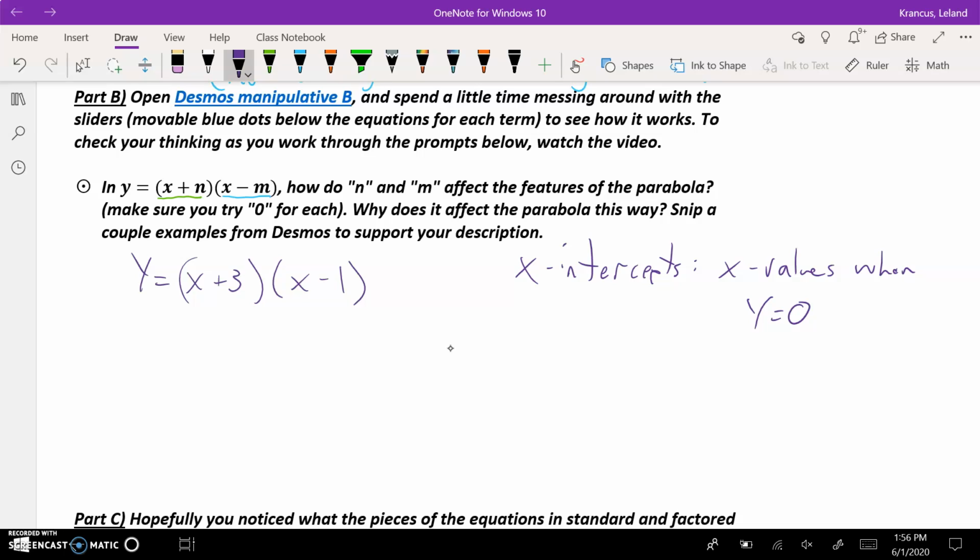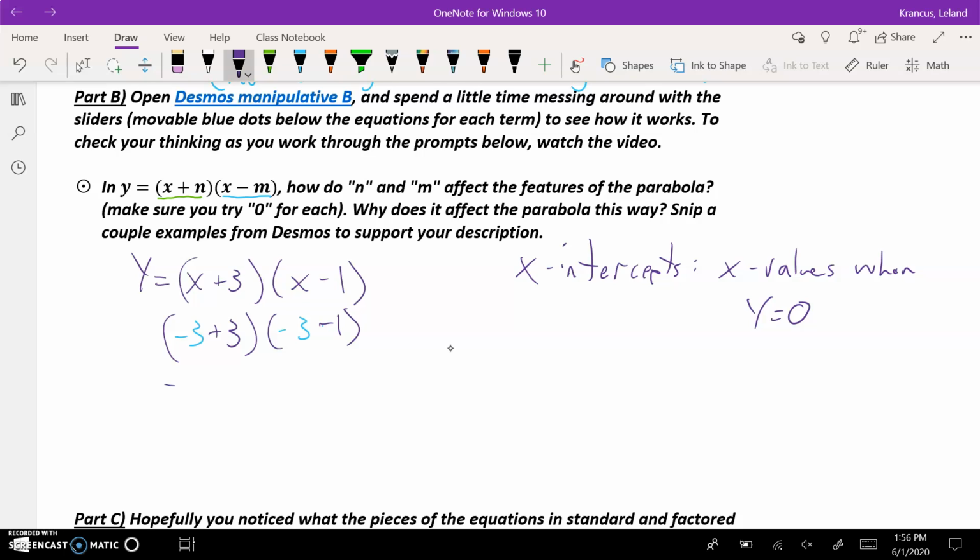Think of it this way. If x was negative 3 in this expression, notice it turns one of those two binomials, one of my expressions, to have a value of 0.